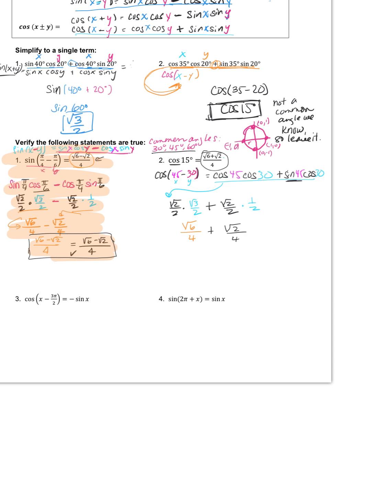Add those together to put it under one denominator, and we get the square root of 6 plus the square root of 2, over 4. Well, that's what we wanted to prove. And this checks.